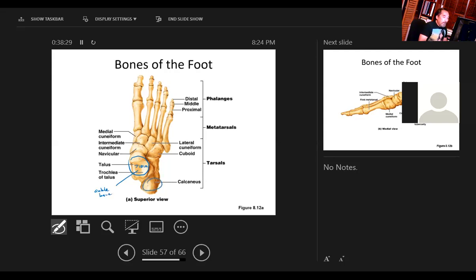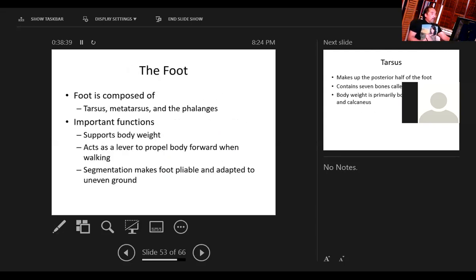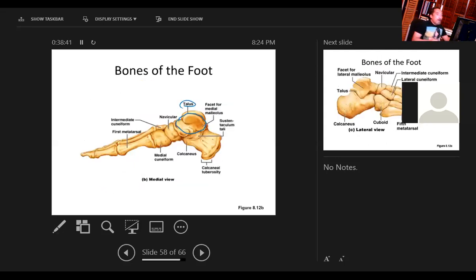Now, who would this be? The calcaneus. That's going to be your heel bone. Looking at the lateral view of the foot, this is the calcaneus, the heel bone, and the talus is the one on top.